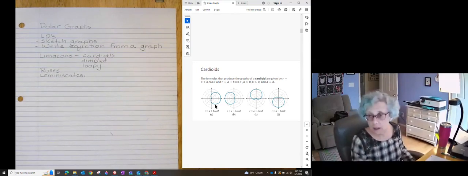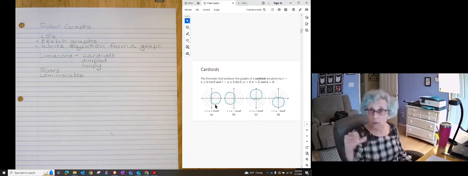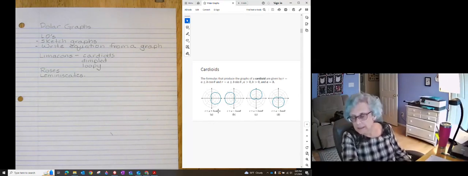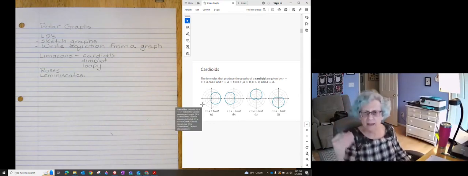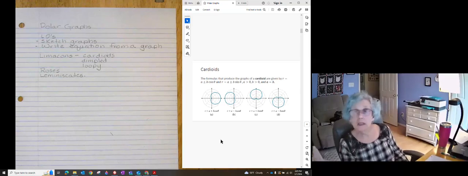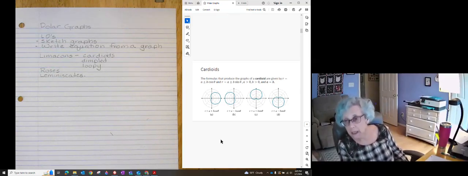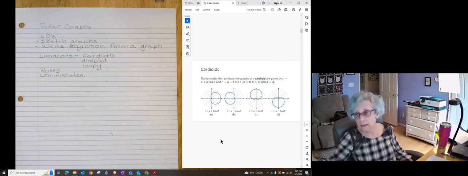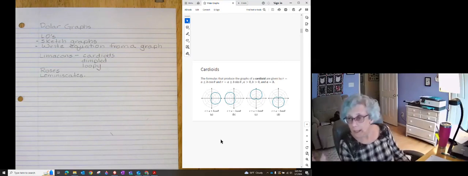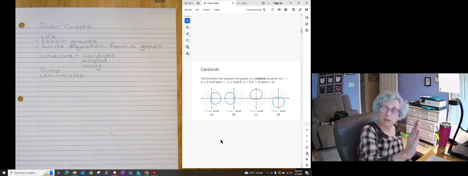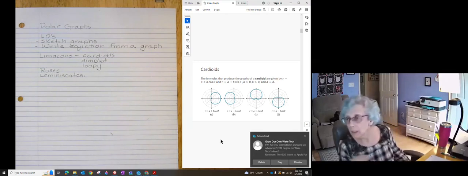So we start with the polar coordinates, and the graphic I have has it as A plus B, but when they're cardioids, A and B are the same. So it's really A plus A cosine theta lives to the right of the pole. A minus A cosine theta lives mostly to the left of the pole.